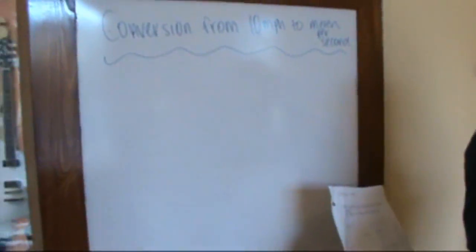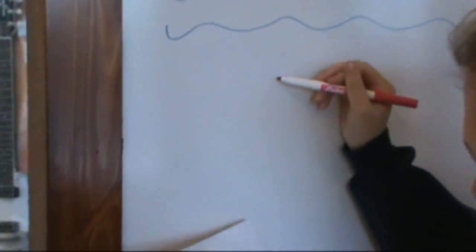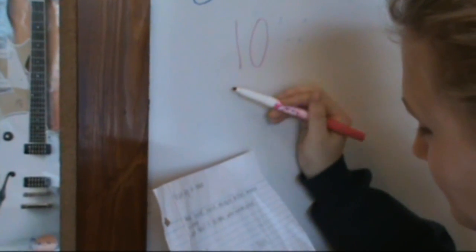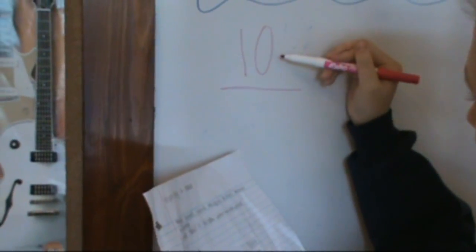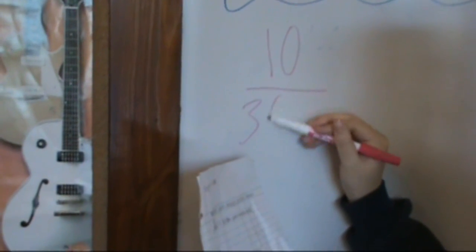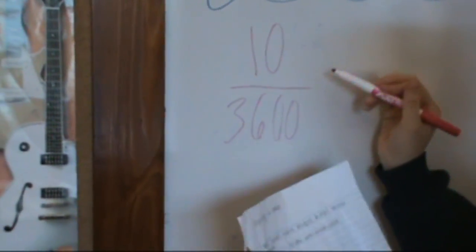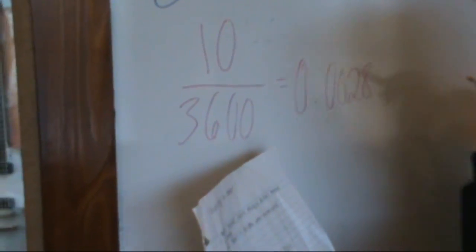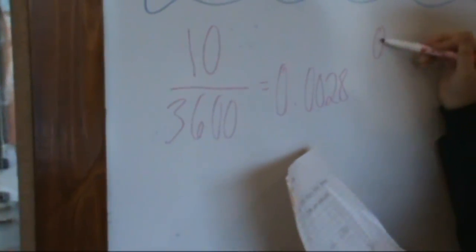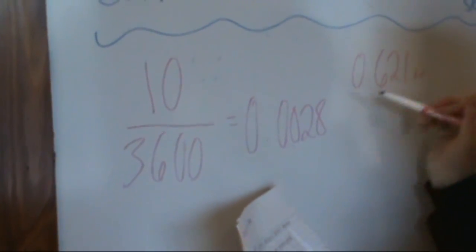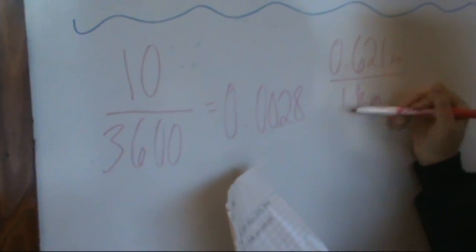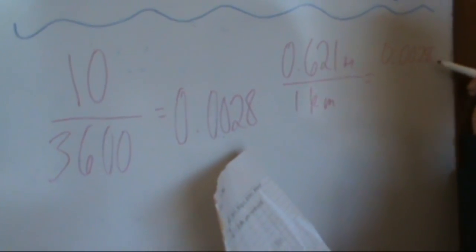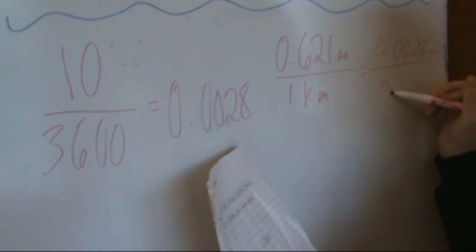So what we're going to do is start with the fact that there are 10 miles per 3,600 seconds, which equals about 0.0028. So then we have 0.621 miles in 1 kilometer, and we're going to put our 0.0028 miles per x kilometers.